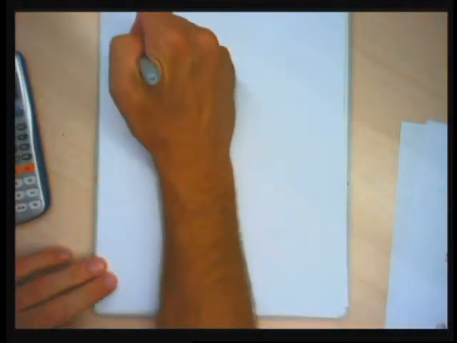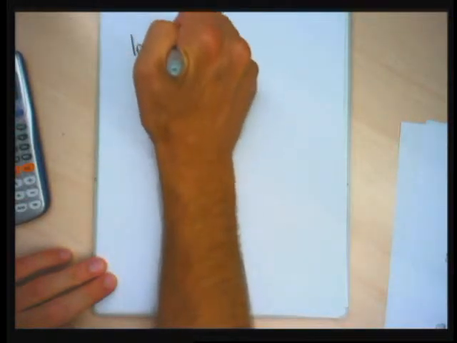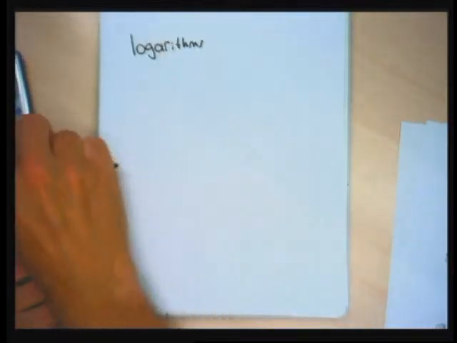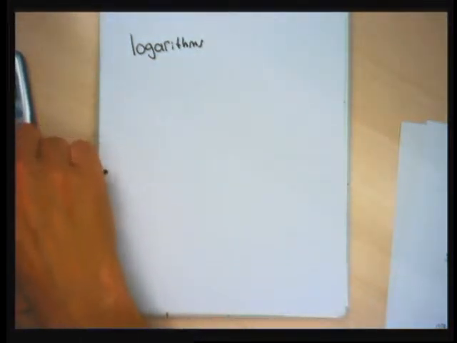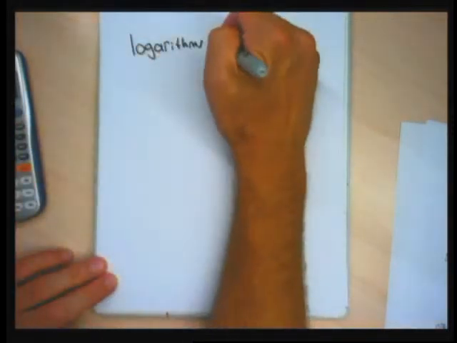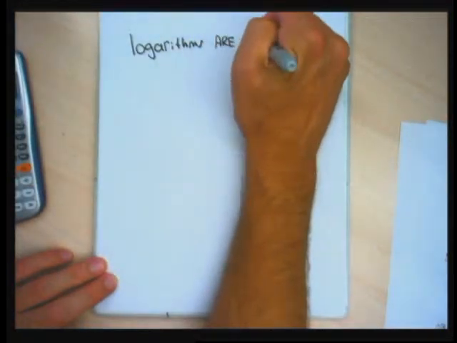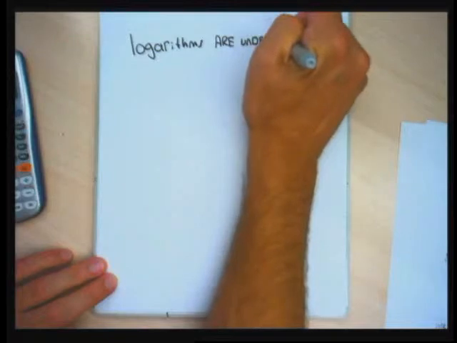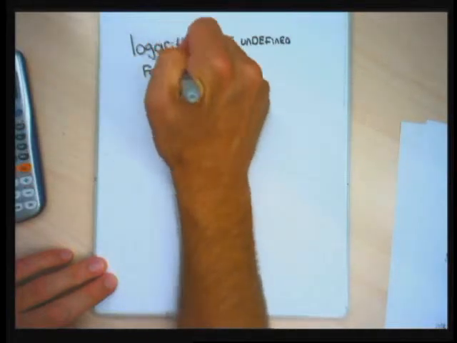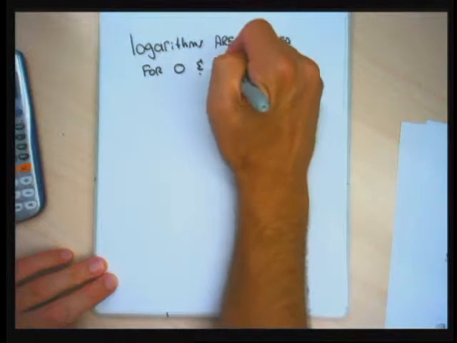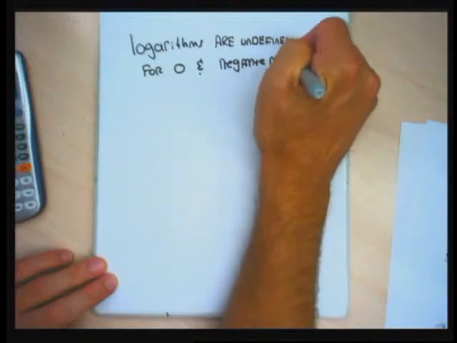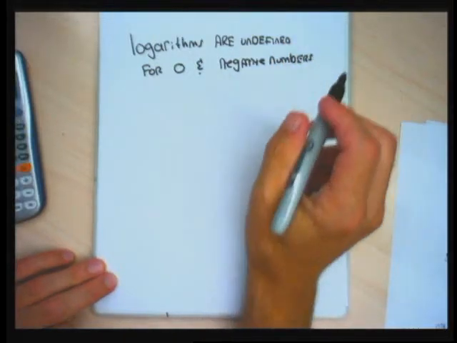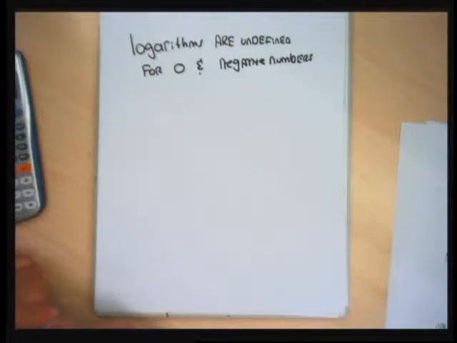Logarithms are undefined for 0 and negative numbers. Technically, you get i's with logarithms with negative numbers, but it's really complicated to do logarithms with negative numbers, so for now we'll just say they're undefined.